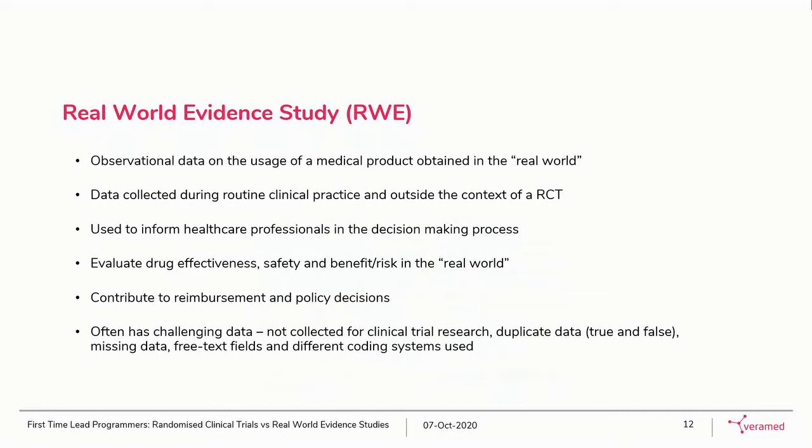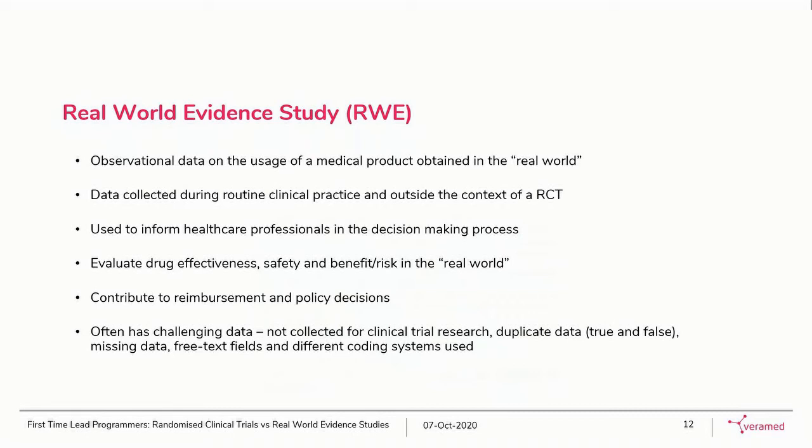Real-world evidence studies often have challenging data for the study team to contend with. This is due to the data not being collected for clinical trial research. So, for example, there is no schedule of events at specific time points. Real-world data often contains duplicate data, which can be both true and false.